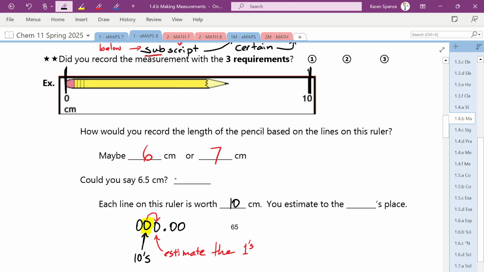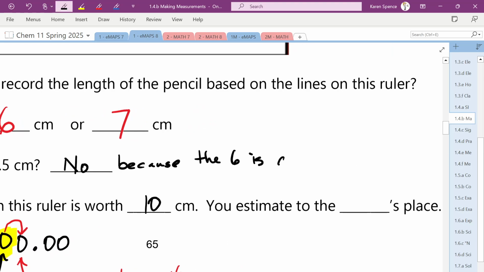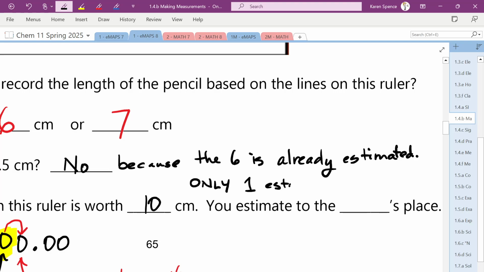So the answer, 6.5? No, because the 6 is already estimated. Only 1 estimated digit allowed.